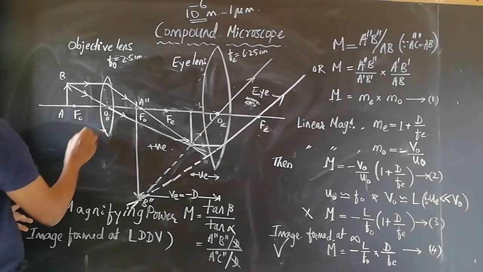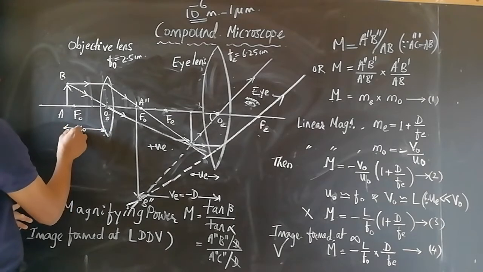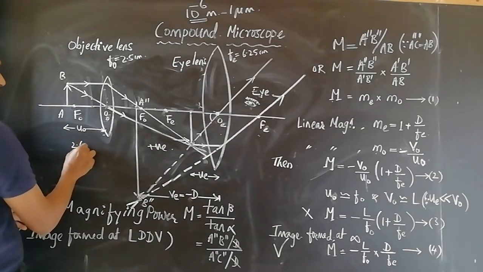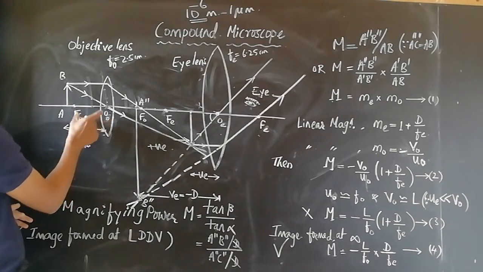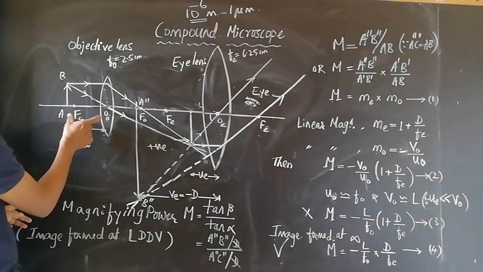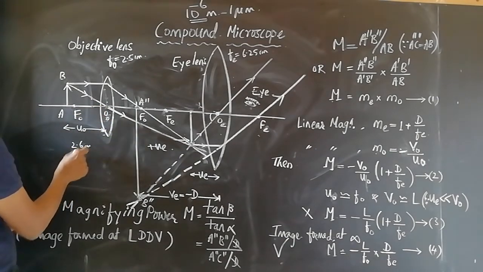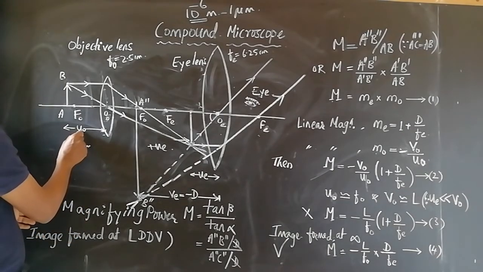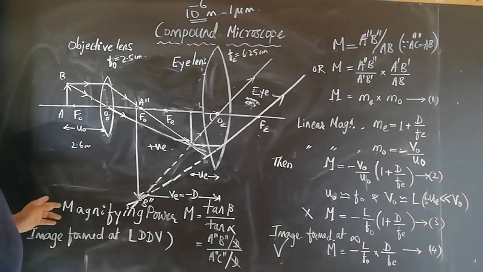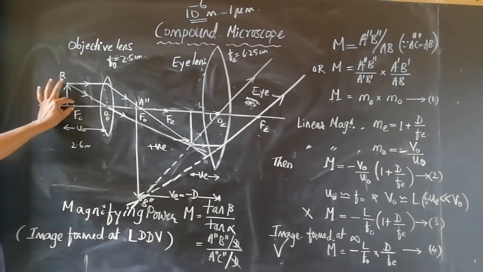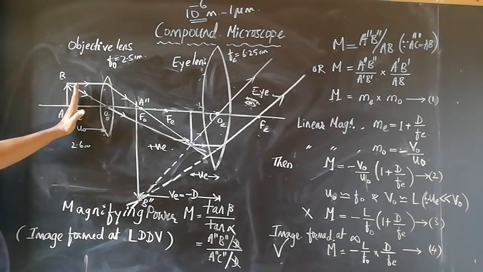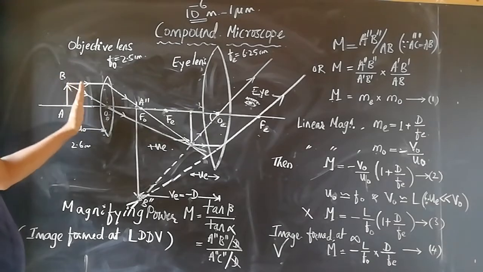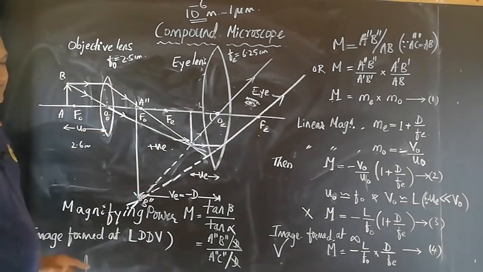If UO is the object distance, then UO is of the order of 2.6 centimeter, whereas the focal length of the objective is 2.5 centimeter. In other words, UO is nearly equal to FO only. Object being between F and 2F, the image will be formed beyond 2F.